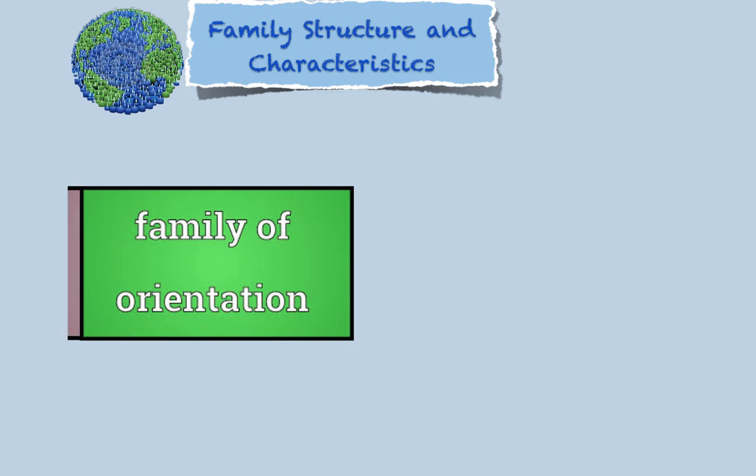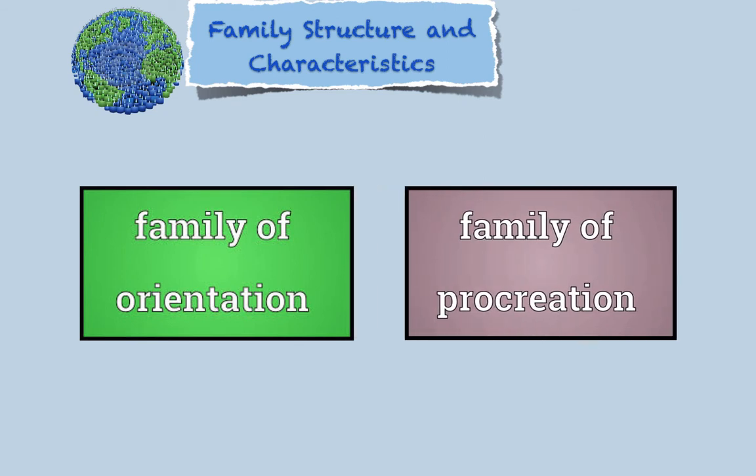Alternatively, there is what's called a family of procreation. This is the family that, when you meet somebody and have a partner and either have children of your own or adopt children, that's your family of procreation. So the family of orientation is the one you're born into. The family of procreation is the one that you create.